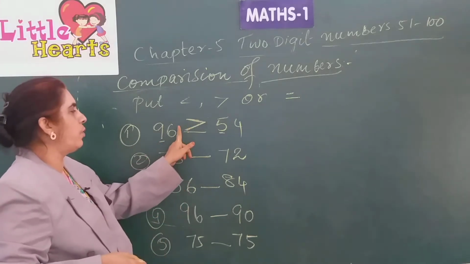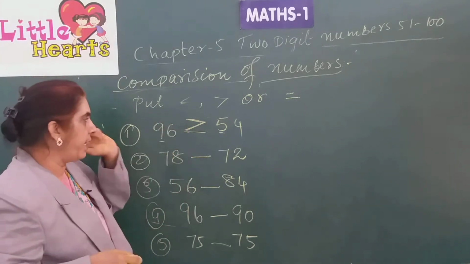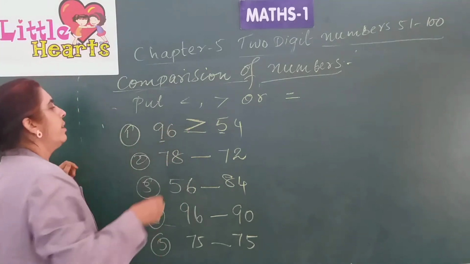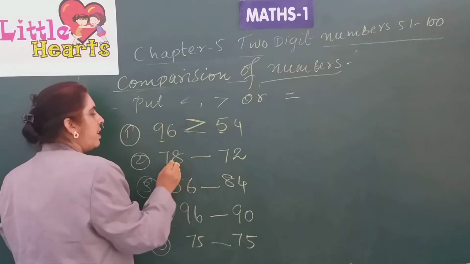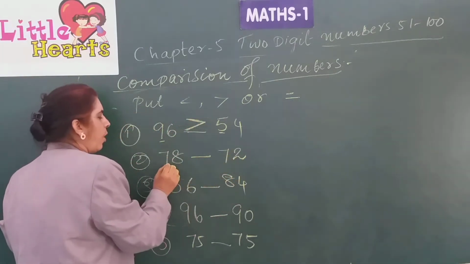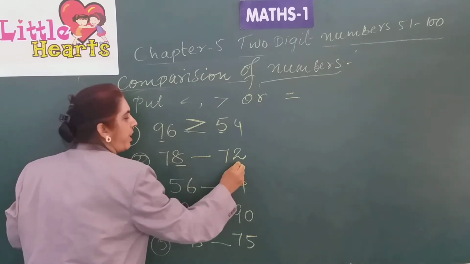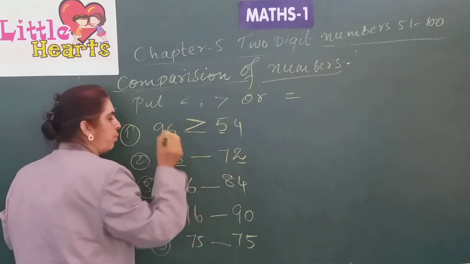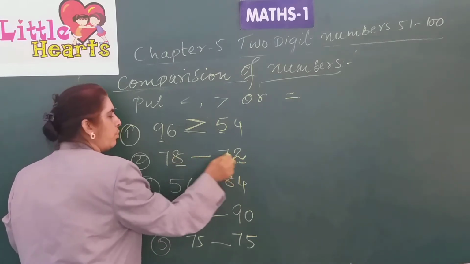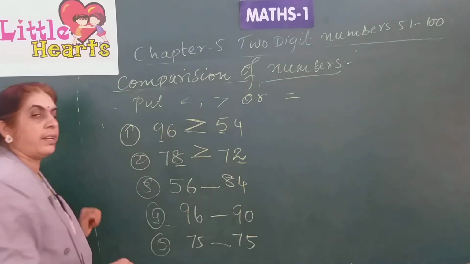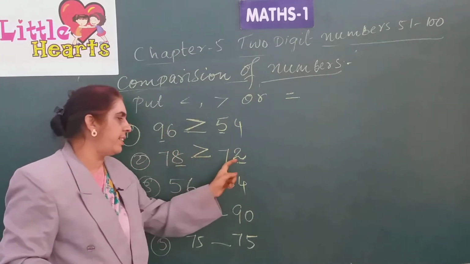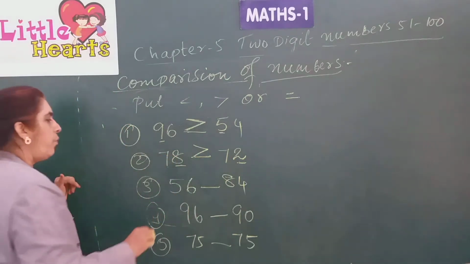Mouth is always open towards the bigger number only. Next, 78, 72. All the tens place digits are the same here. Go with the ones place digit, 8 and 2. 8 is greater than 2, so 78 is greater than 72.